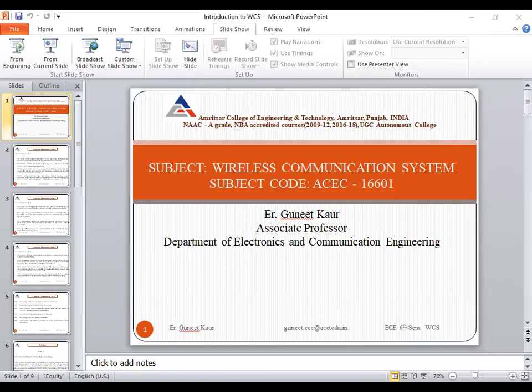Program outcome 12: recognize the need for, and have the preparation and ability to engage in, independent and lifelong learning in the broadest context of technological change. So these were some of the program outcomes for this subject.